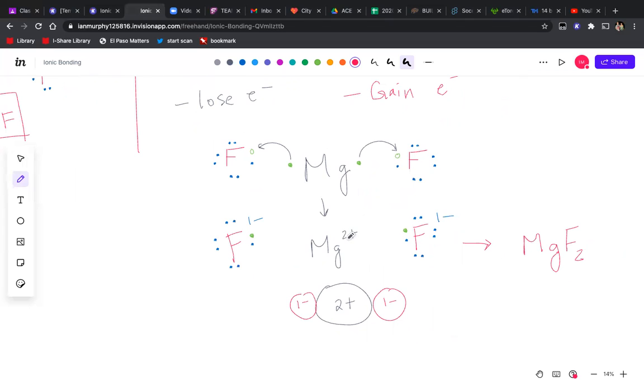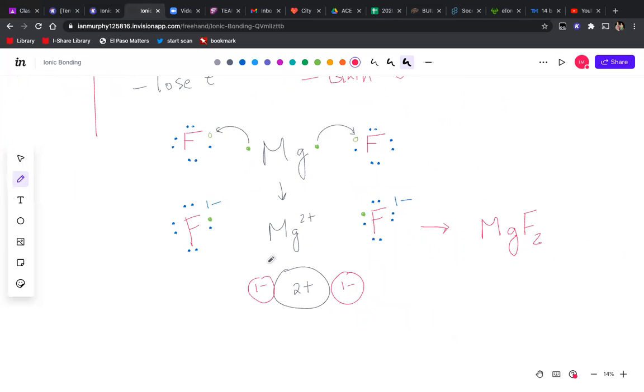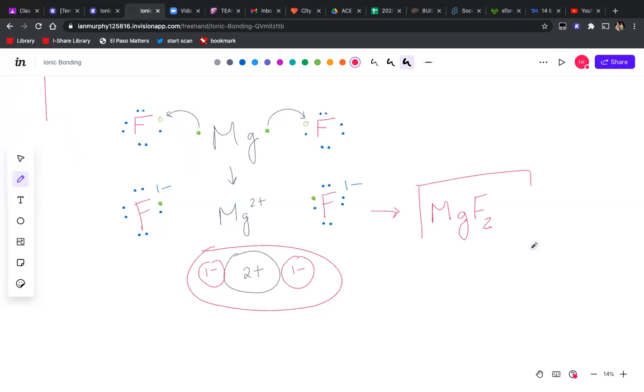Show them with their charges, and then show them coming together to form the compound. Now, you don't have to do this if you don't want to, but I do need to see the formation of the compound. This right here is extra, not extra credit. I'm just saying it's extra as in if you want to go that additional step just to visualize it, you can, but you don't have to.